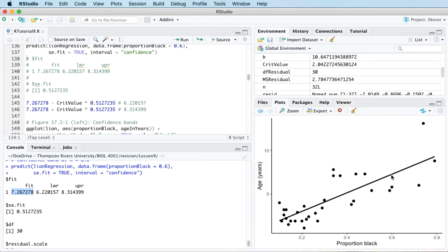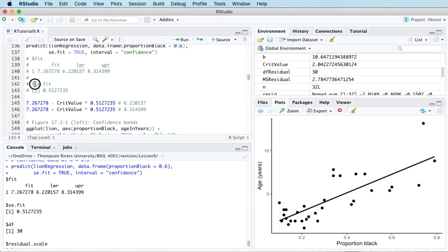So we're estimating the average age for this subset of lions to be 7.27 years. And then the interval, the confidence interval, is these two numbers here, the lower bound and the upper bound. So we're 95% confident that the mean age for this subset of lions goes from 6.22 up to 8.31.